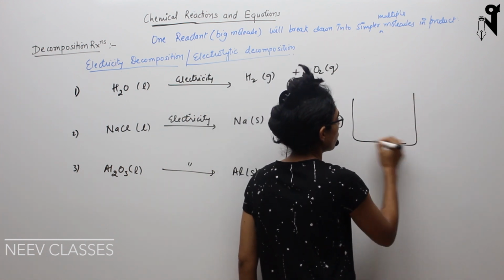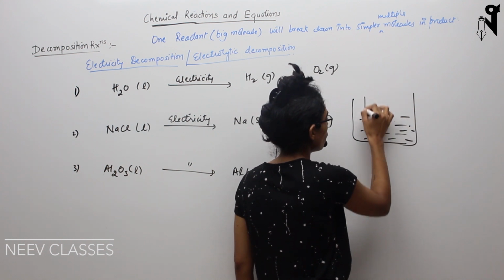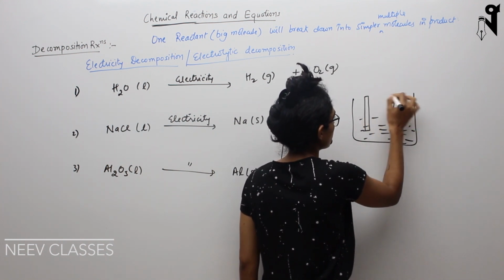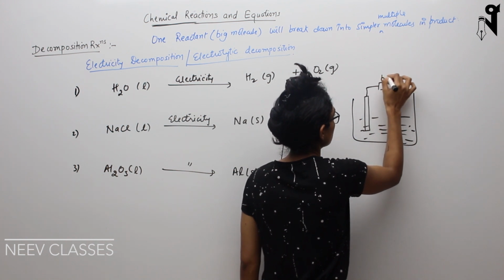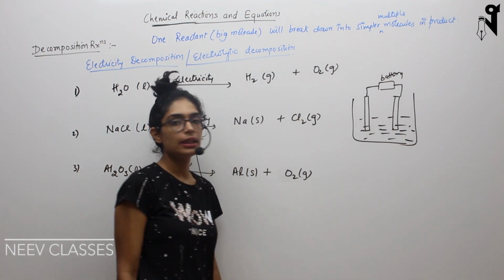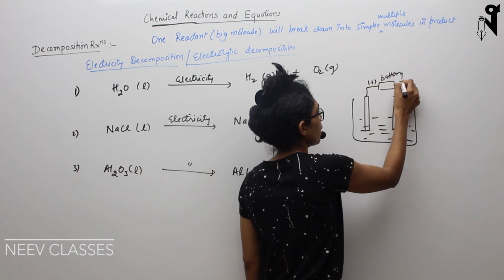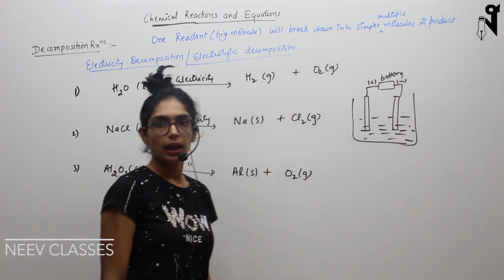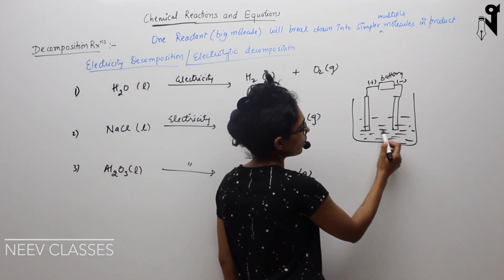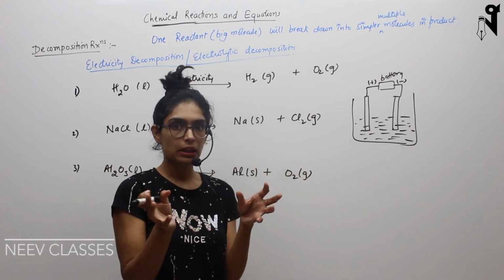So basically this is your solution or any substance in the molten form, and these are the anode and cathode connected to a battery, and this battery supplies the electric energy. These are two electrodes, one plus, one minus. Whenever the reaction takes place, the molecules of the solution break down into smaller particles.